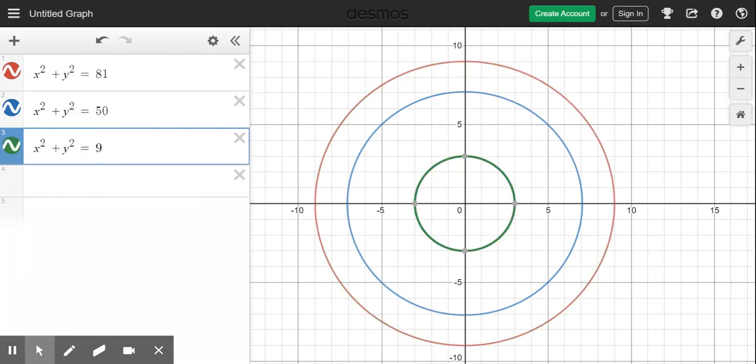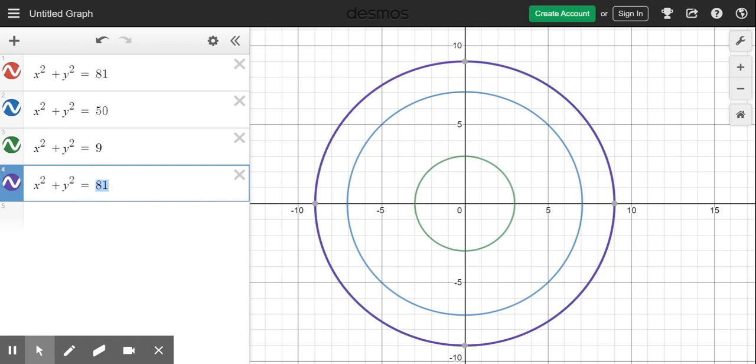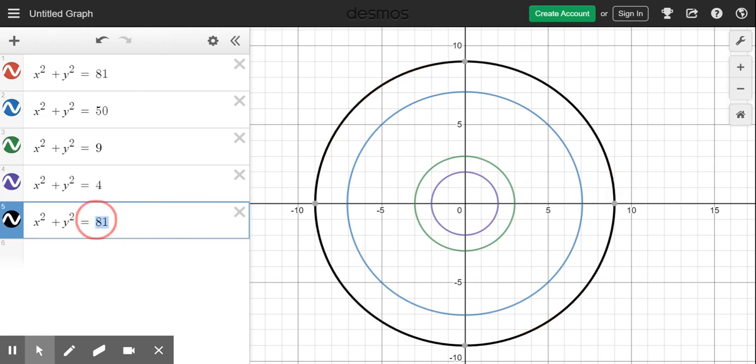x squared plus y squared equals 9. Notice that the radius is 3. That's the square root of 9. Center is 0, 0. And let's say I did 4. Notice that the radius is 2. And again, the center is at 0, 0. We could even go a little smaller.